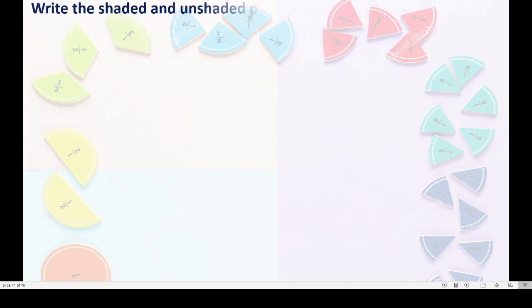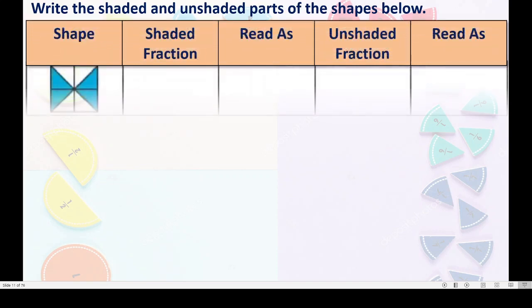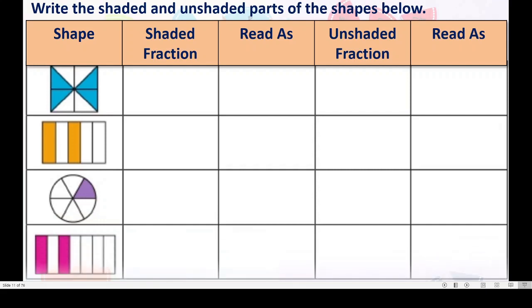Now here, write the shaded and unshaded parts of the shapes below. We will see here. Okay. Yes, we can see here 4 figures with shaded and unshaded parts. Right? Okay, we will go to the first one.